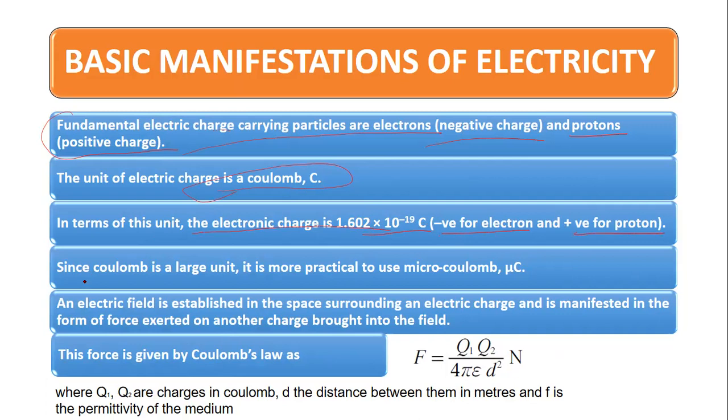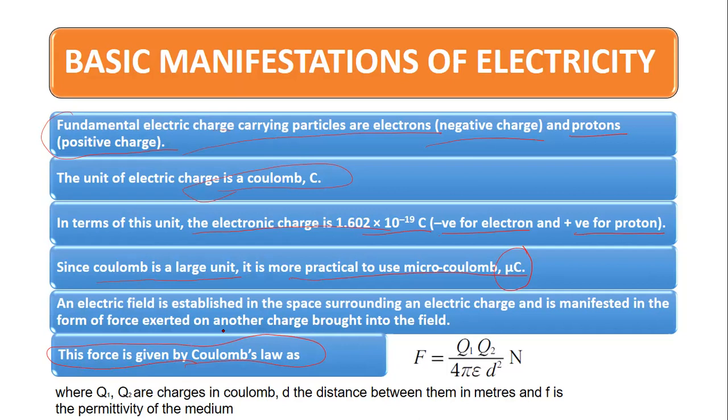Because the coulomb is a larger unit, we have smaller units to express charge capacity, such as the microcoulomb. We have also studied Coulomb's law. We don't have to go deep into these concepts; it is just a brief introduction to the physics associated with electricity.